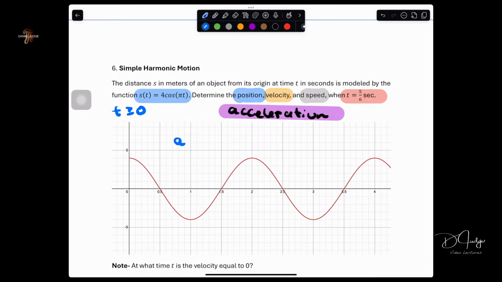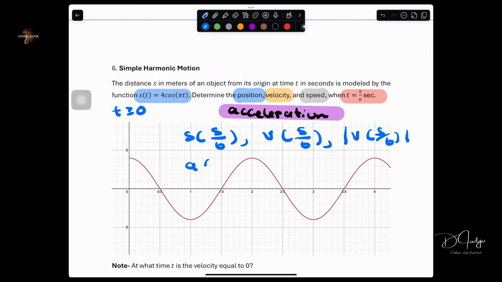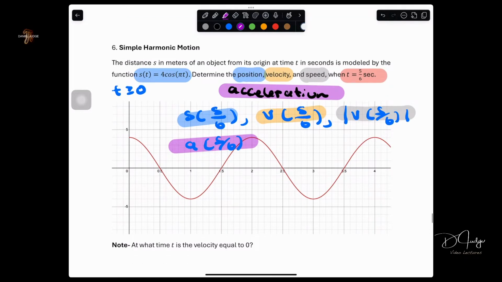So they're saying, what is S of 5/6, V of 5/6, the absolute value of V of 5/6, A of 5/6. Position, velocity, speed, acceleration, all at the time value of 5/6.